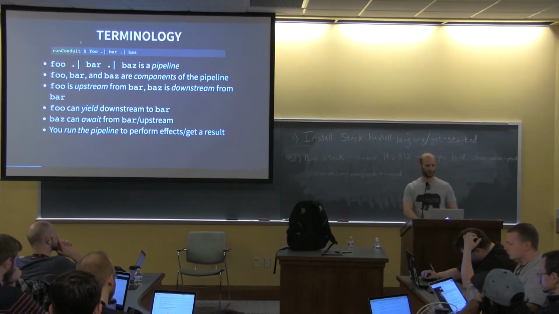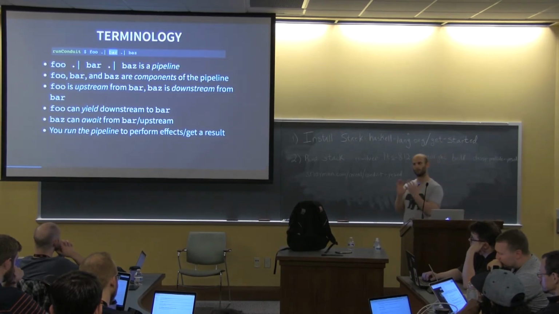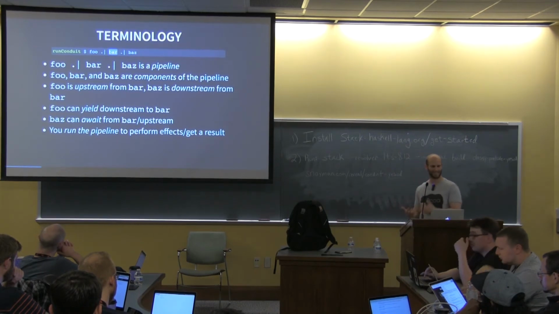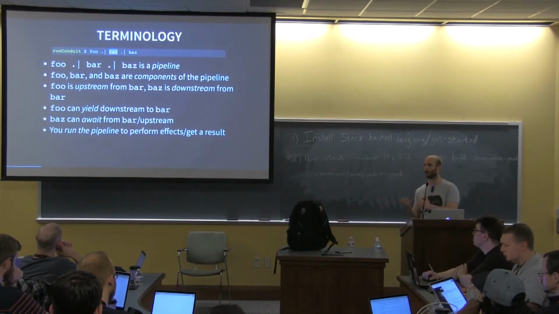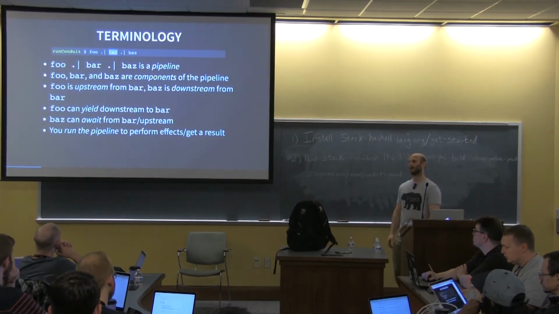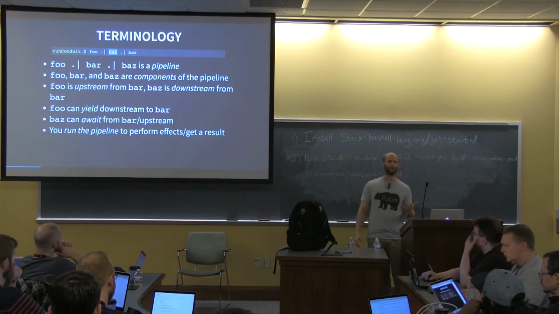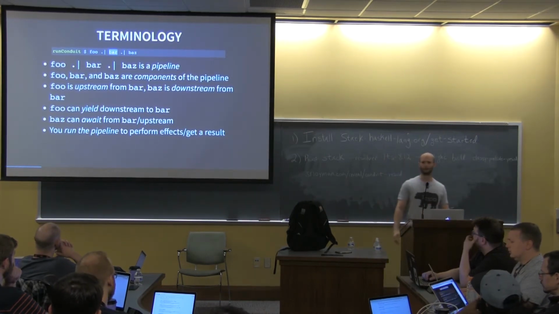Another piece of terminology, you'll see that foo is fusing together with bar. The way we say this is that foo is upstream of bar, and that bar is downstream of foo. You can say the same thing about bar and baz. Bar is upstream of baz, and baz is downstream from bar. You may at this point be looking at it and thinking, this kind of looks like Unix shell stuff with pipes.